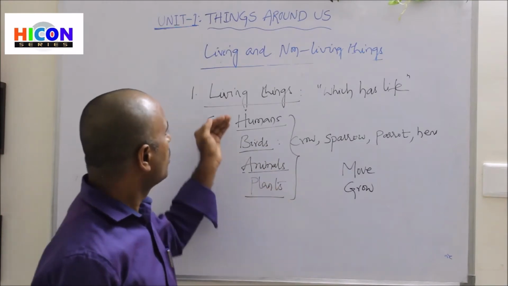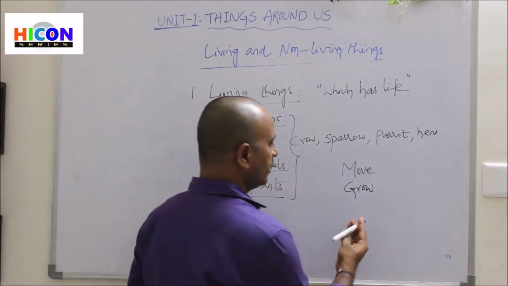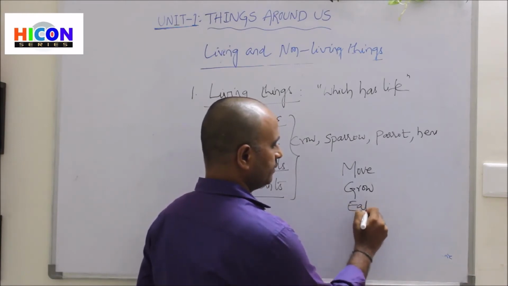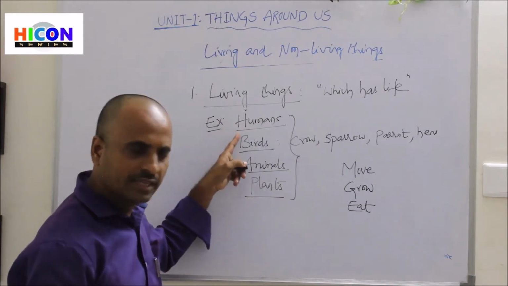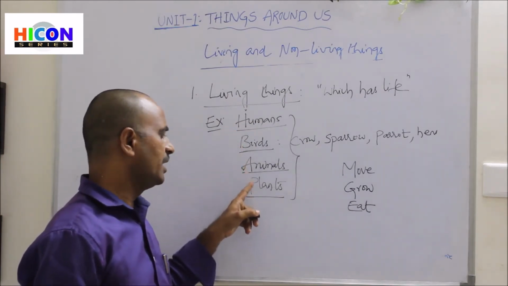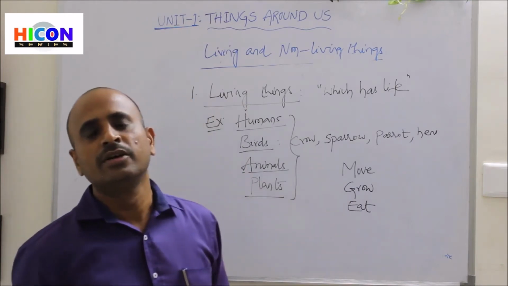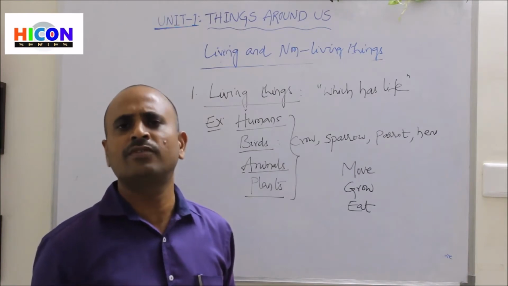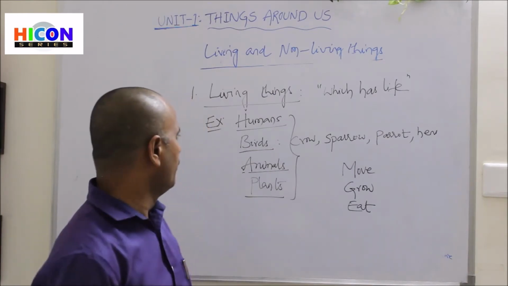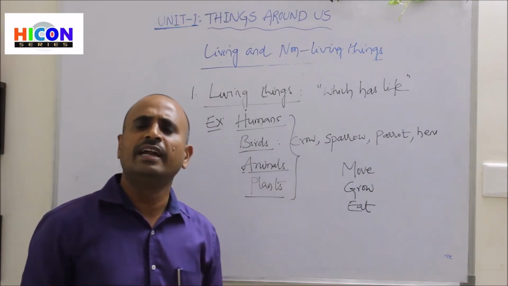In this way, all living things will grow, and all living things will eat. Human beings, birds, animals and plants all eat. Human beings take food, fruits and breakfast every day. Birds eat different types of fruits and insects.